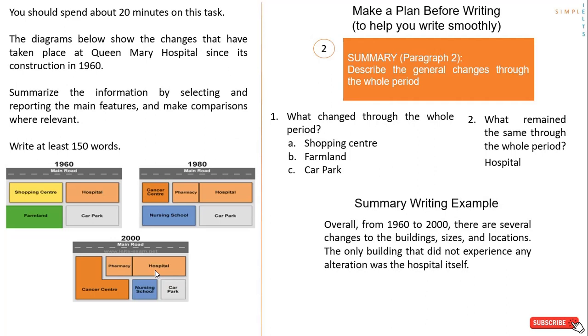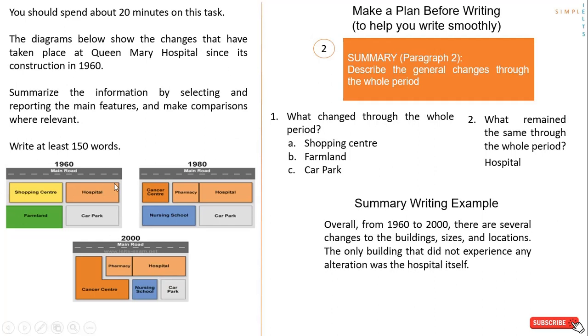Overall, from 1960 to 2000, there are several changes to the building sizes and locations. The only building that did not experience an alteration was the hospital itself. Okay, so overall, or in general, through the whole period, that is 1960 to 2000, there are several changes in terms of the buildings, the sizes of the buildings, and the locations.